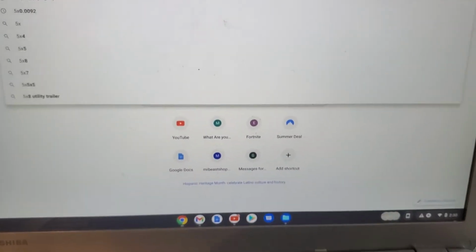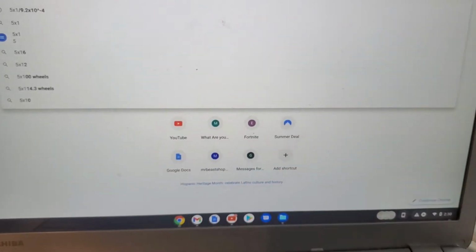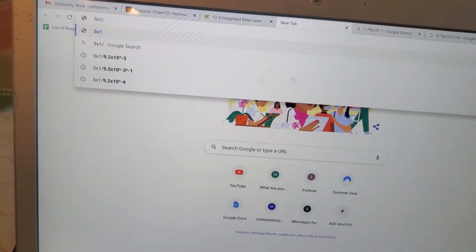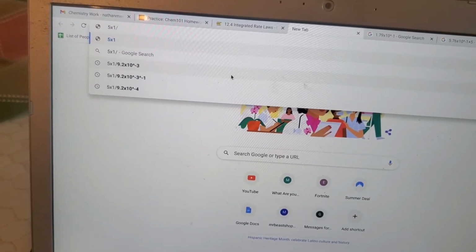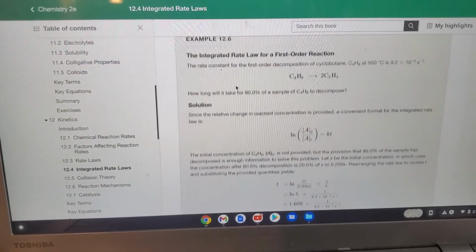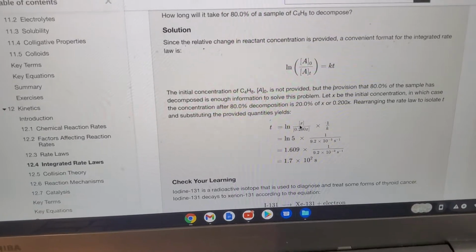5 times 1 divided by 9.2 times 10 to the negative third power, as seen here.